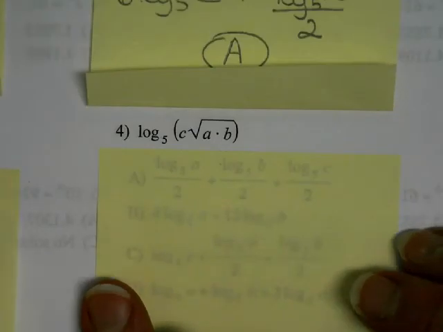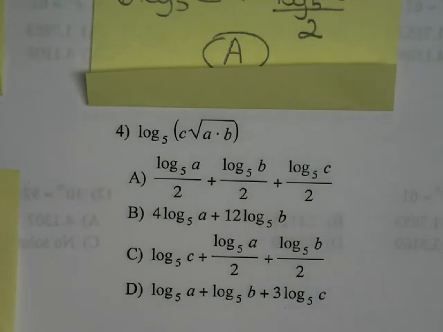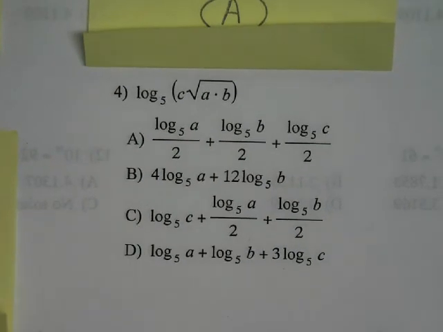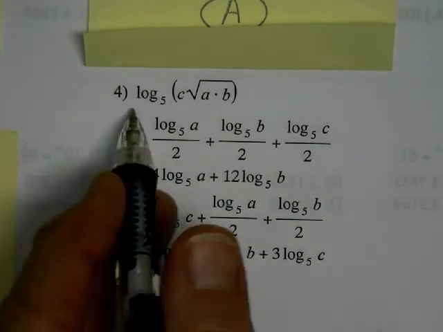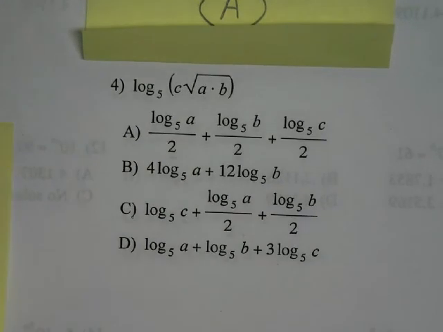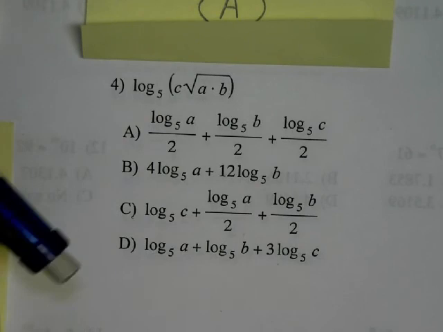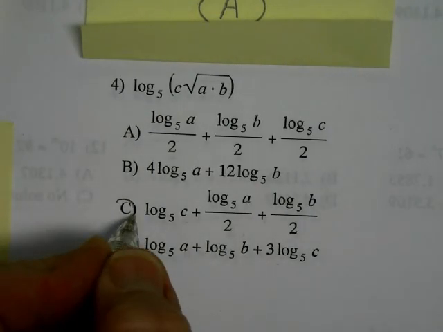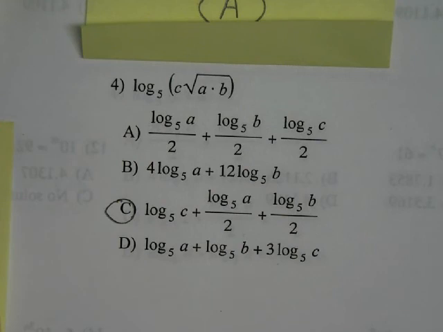So you can crank it all out by hand, or just notice log base 5 of C. You see how letter C looks just like it. Only thing that's missing is a different log. So yeah, you can use your prior knowledge. I'm going to go ahead and do that. You see where the radical becomes halvesies.